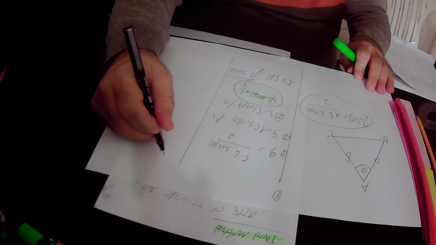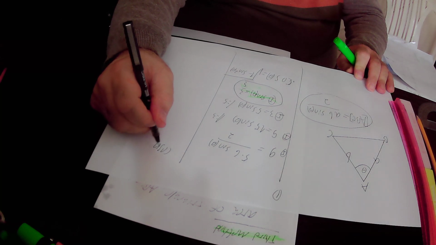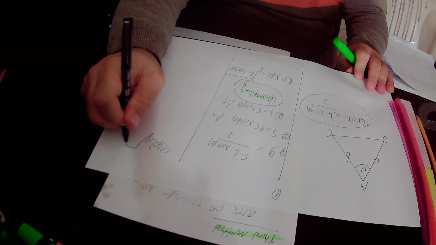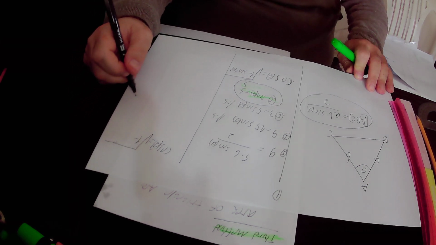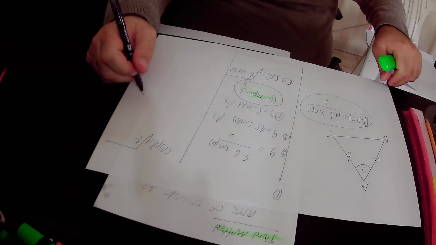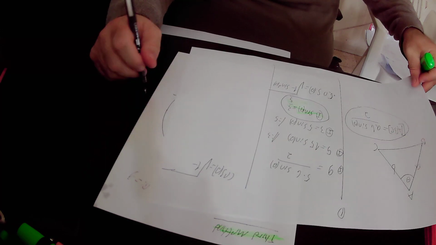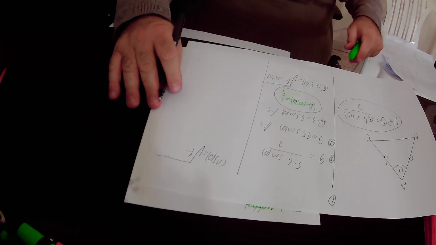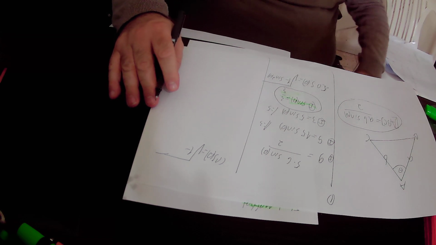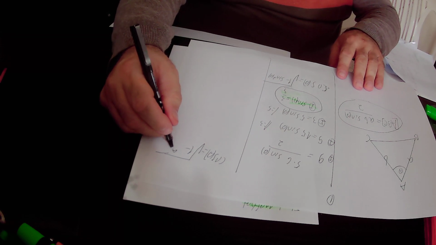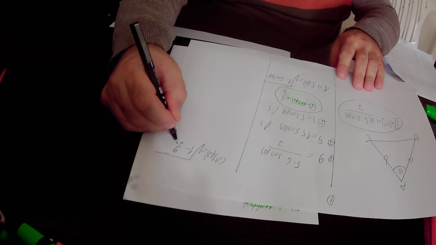So cosine theta equals the square root of 1 minus, here sine theta equals 3/5. Therefore sine squared theta will be equal to 3/5 squared. 3/5 squared is 3 squared, that is 9, over 5 squared, that is 25.